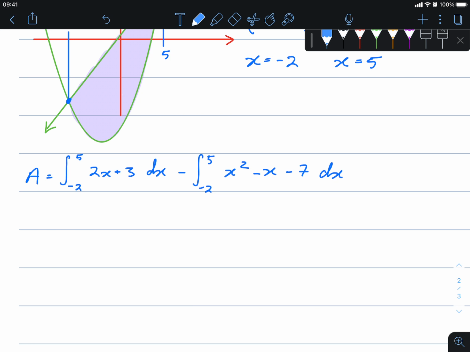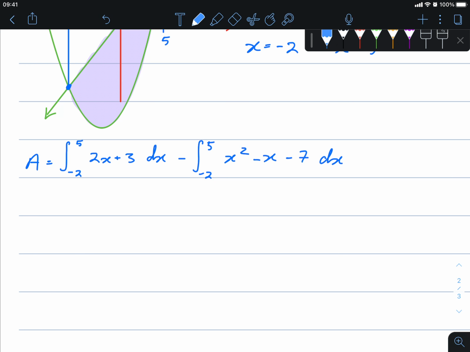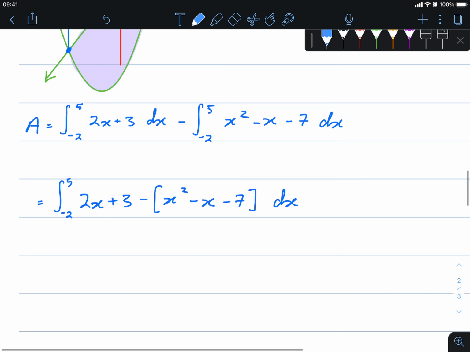You'll see later on you can skip this part, but now we're going to combine the two on the same interval. Remember, this is only true if the interval you're working with is the exact same. Now it's going to be 2x plus 3 minus this entire function here, x squared minus x minus 7 dx.